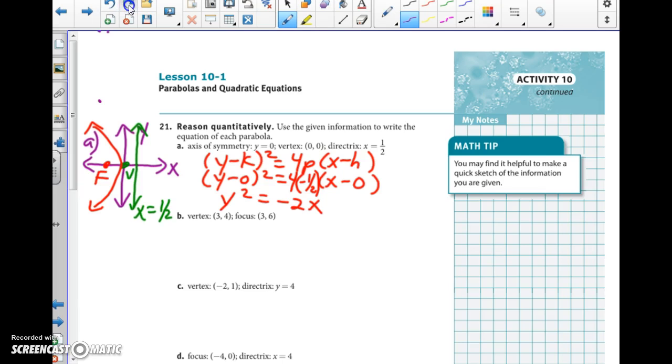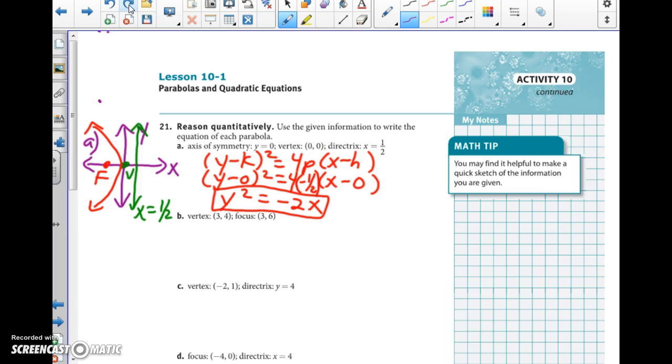Once again, the way you get the focus is, how far is it from the vertex to the directrix? It's 1/2. So remember, it's 1/2 in the opposite direction. So you go this direction, and that's at -1/2, 0.